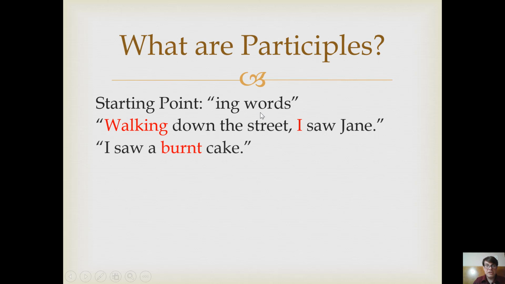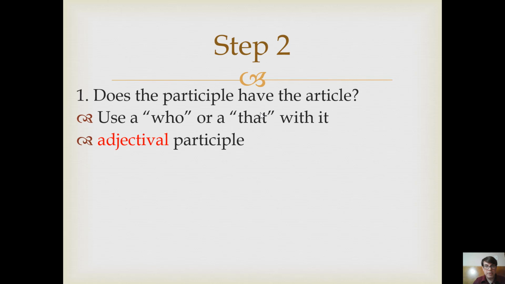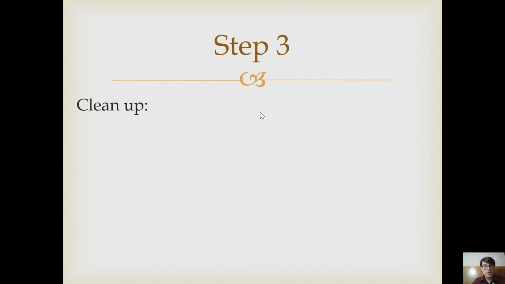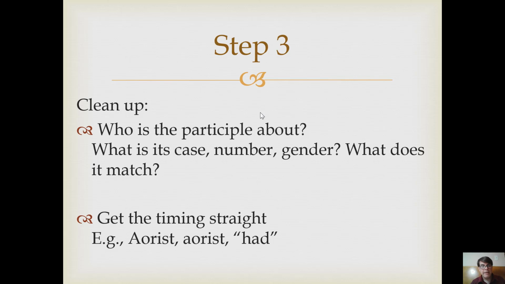So again, the third step where you're doing cleanup on aisle 4, first of all, you want to connect the participle with the right noun in the sentence. What does it match in case, number and gender? And then the timing. Get the timing straight. So in general, an aorist participle happens before the main verb. It's relative time, not absolute time.